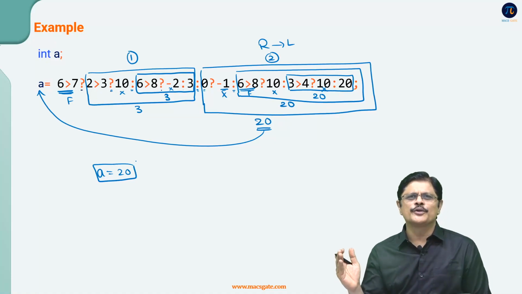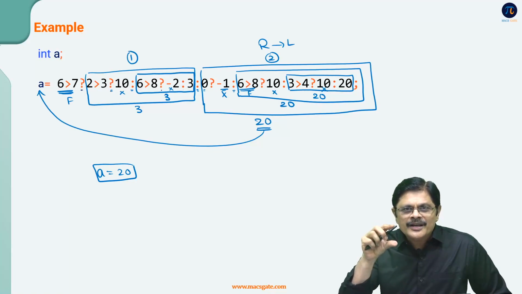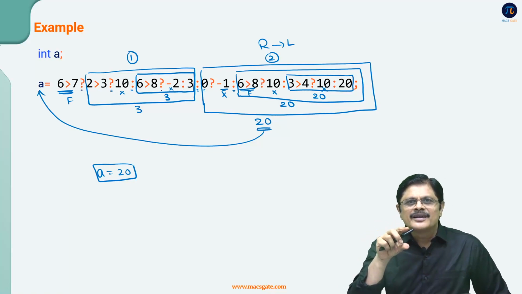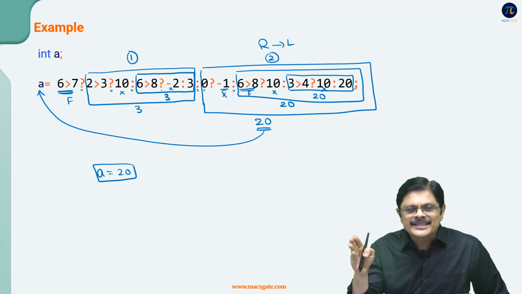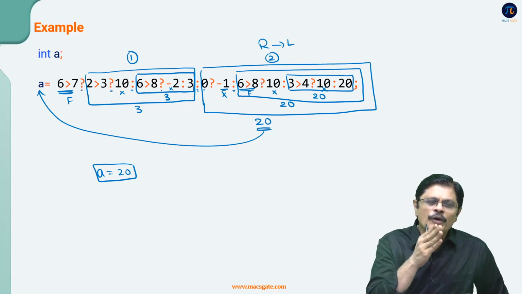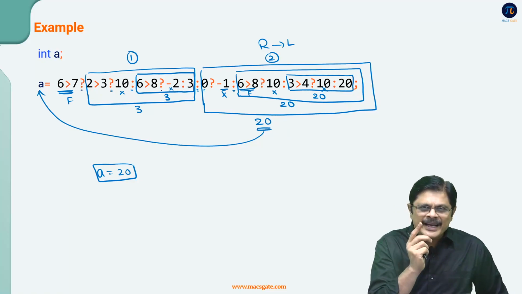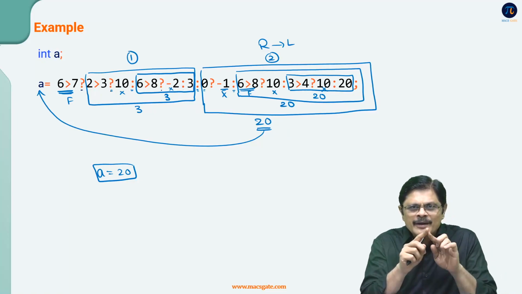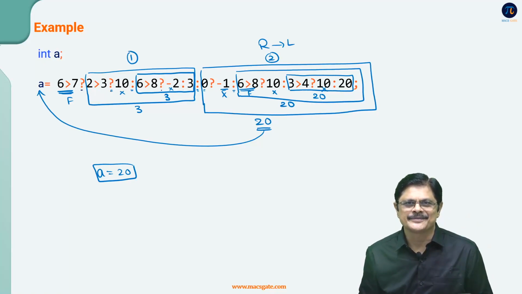Just follow this right to left association. When you see colon, try to identify a question mark. Suppose after colon, you get another colon, so this colon will wait. Whenever you find a question mark after a colon, that forms a statement, and continue the execution.